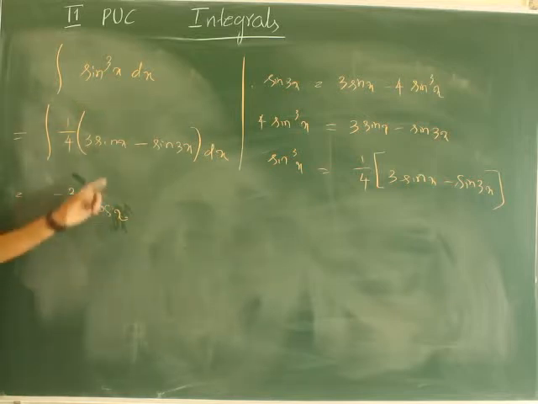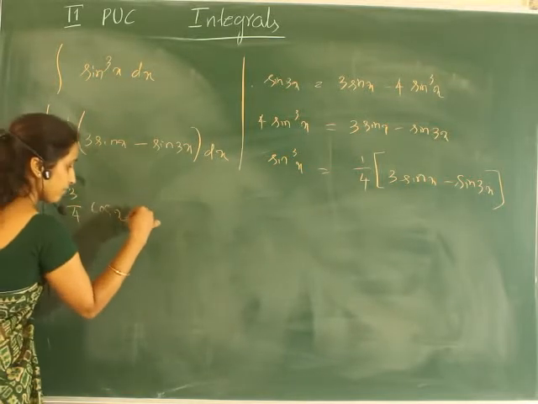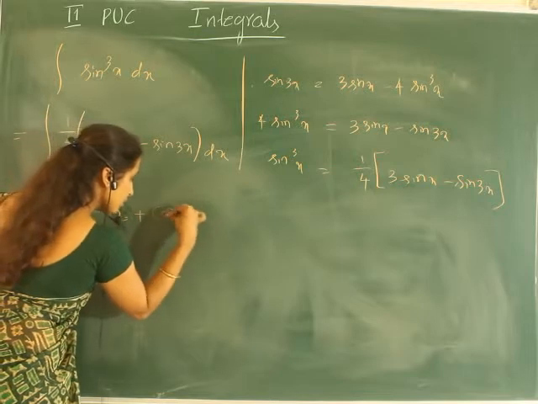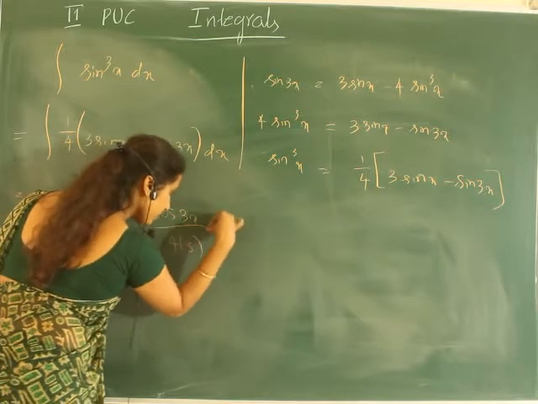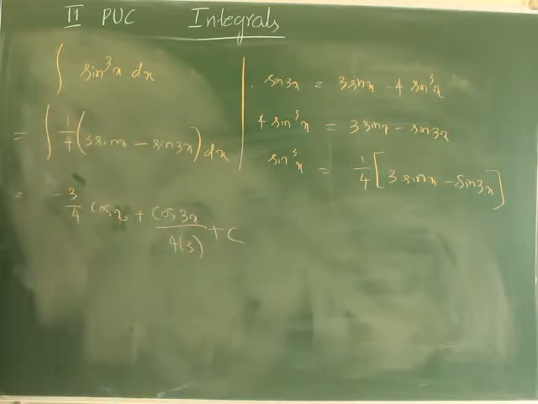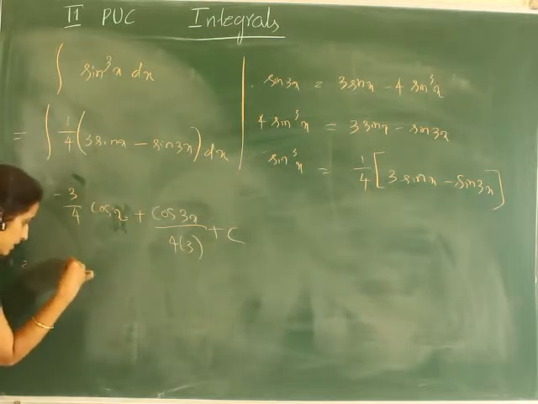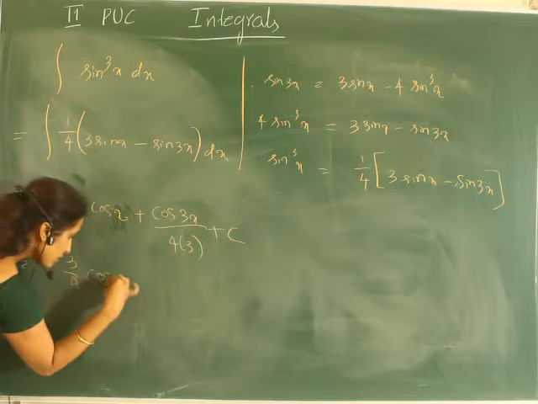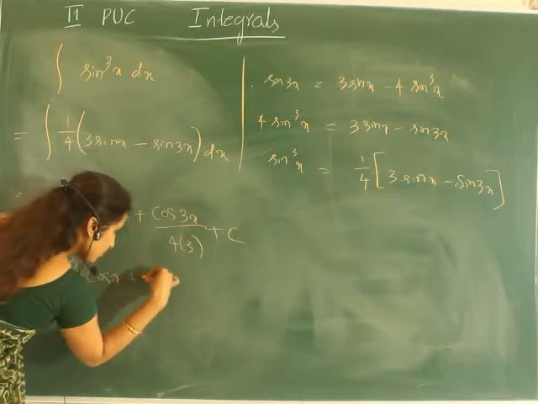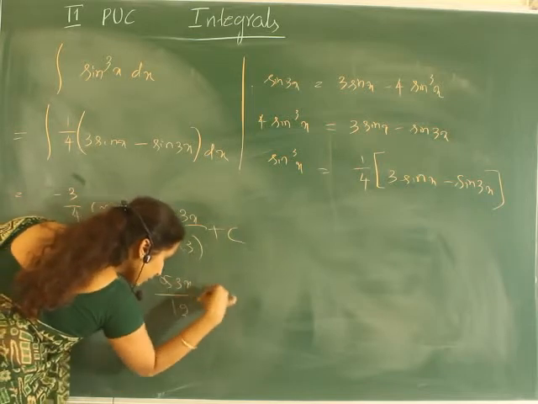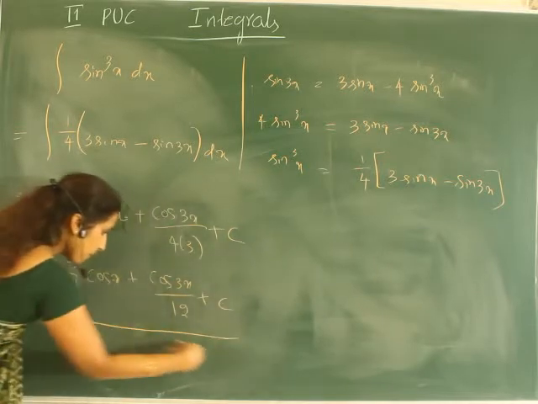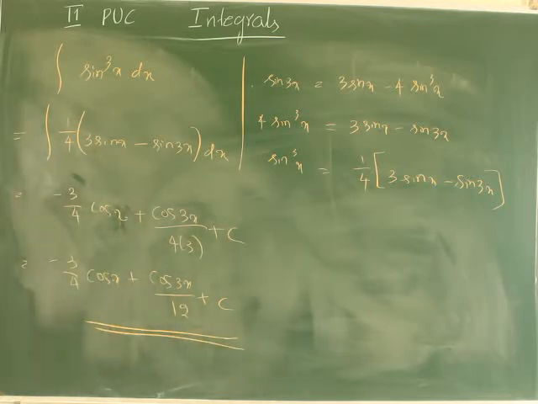So this will be minus into minus, plus cos 3x divided by 4 into 3, plus c. So this will be equal to minus 3 by 4 cos x plus cos 3x divided by 12 plus c. So this is the answer for this question.